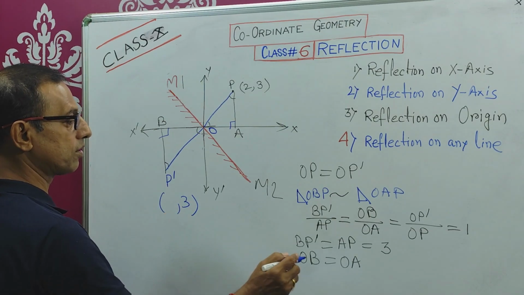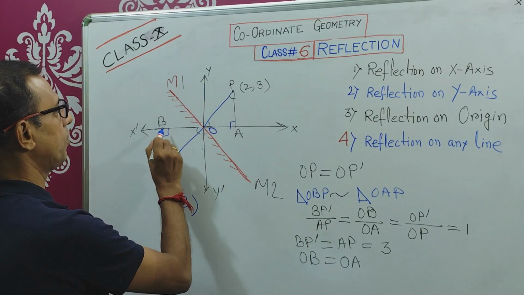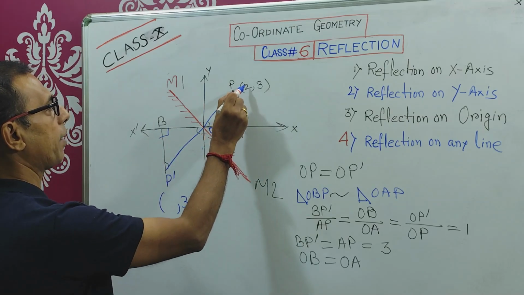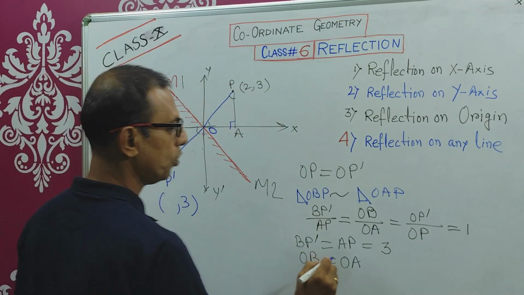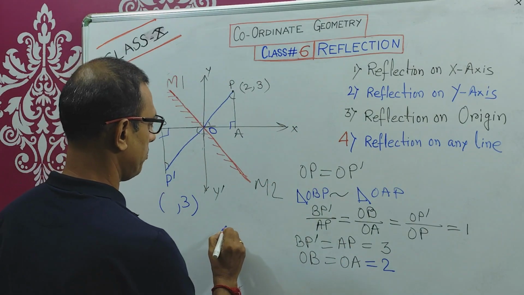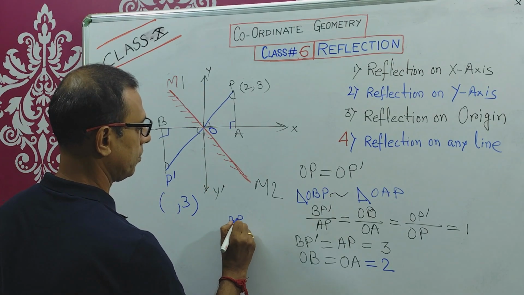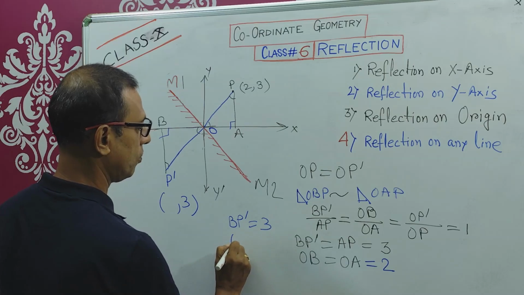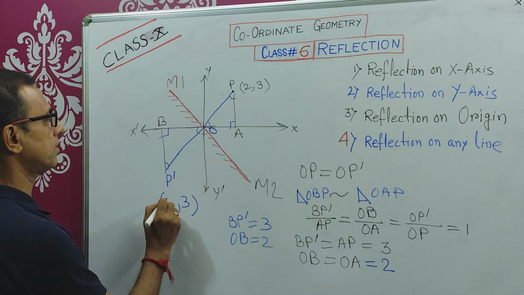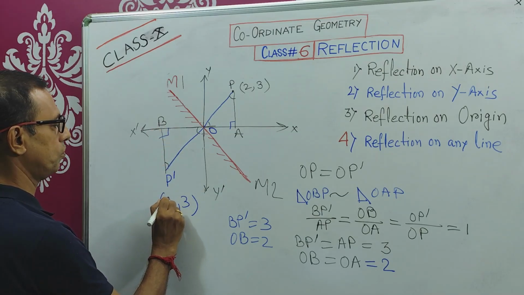Now we need to find the x coordinate also. OB equals OA. We don't know OB, we know OA. OA equals the abscissa of point P, that is 2. So BP dot equals 3, OB equals 2, which means the x coordinate is 2.